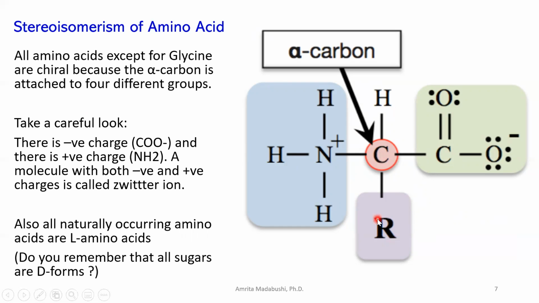If we replace R with an H, you can see that there will be H on both sides. And if there are H on both sides, it's not 4 different groups. That presence of an H is glycine. However, if you put anything here apart from H, it will become a chiral molecule just because of 3-dimensionality. You may not be able to visualize it by just thinking of mirror images, but because it's 3-dimensional, you will be able to visualize that.